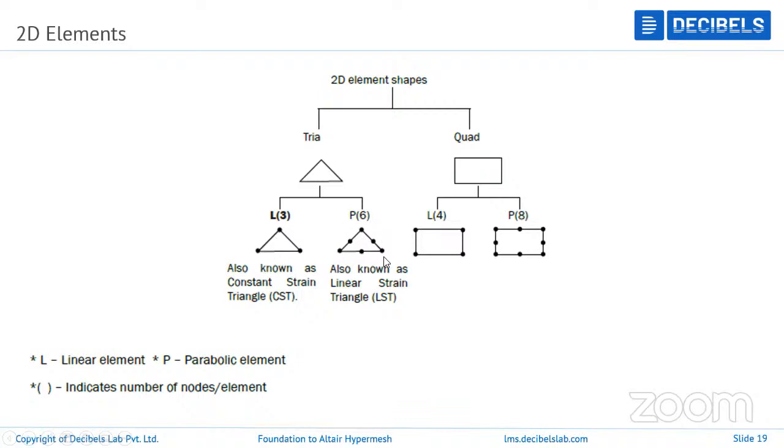For the second order element, you need a higher configuration system, and it will give you exact answers. Compared to these two, you will get very accurate results when you use the second order element. Unless it is defined in the project, we are not going to use second order elements in 2D. This is the basic idea of the element shapes.